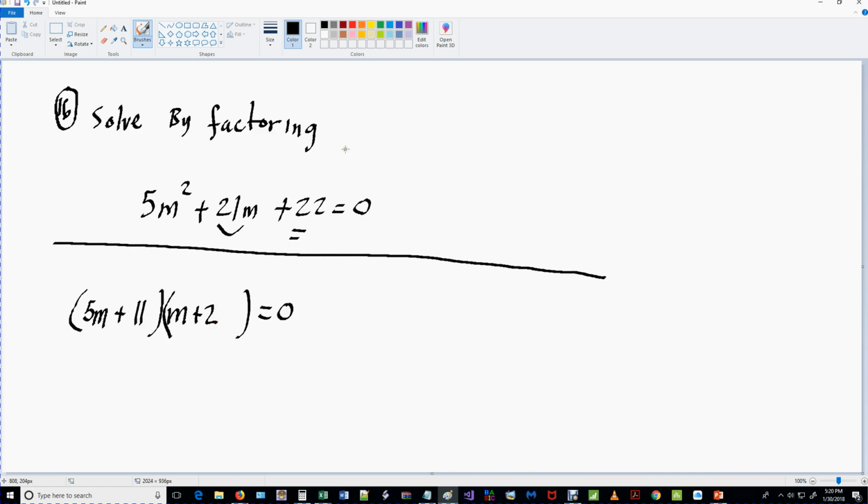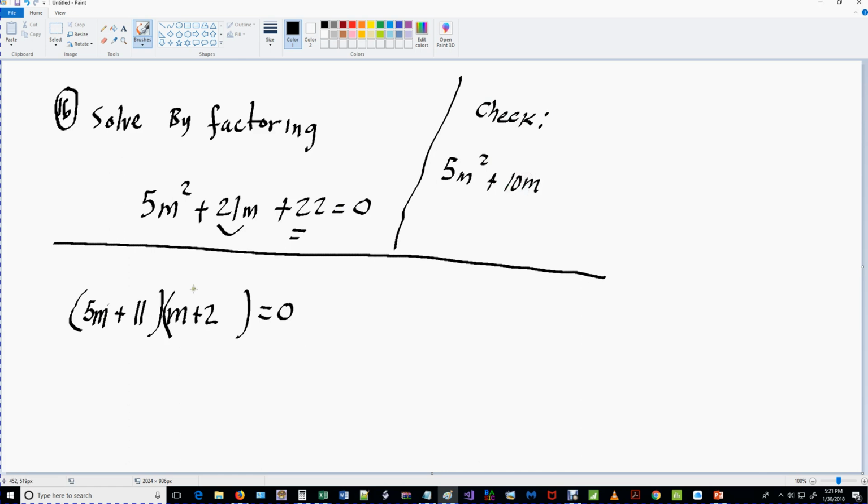Now we can verify that this is correct. If you have to find out whether that's correct or not, let me do the foiling of this. So you multiply 5m times m, that gives you 5m squared. You do the outer, that would be 2 times 5m, and that would give you 10m.